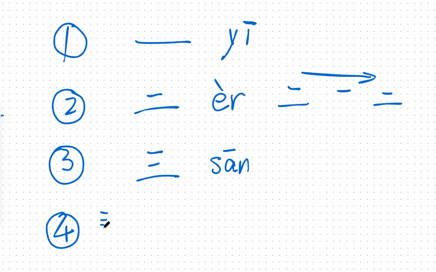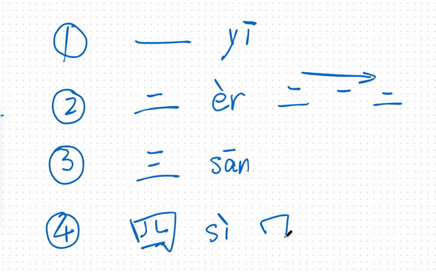So 4 is not this, okay? Not 4 horizontal strokes. 4 is like a box. First stroke, second stroke, third, fourth.